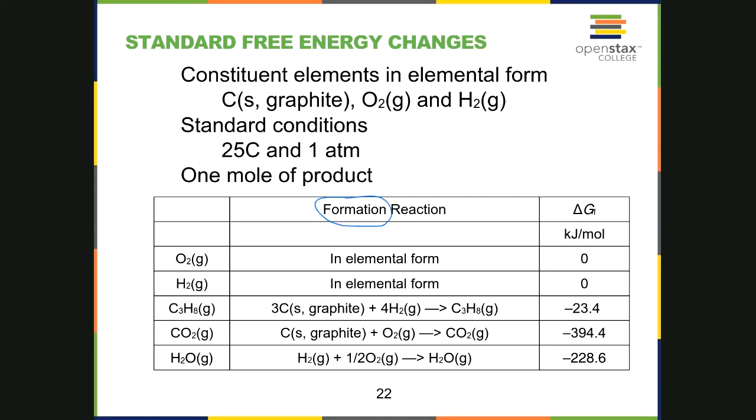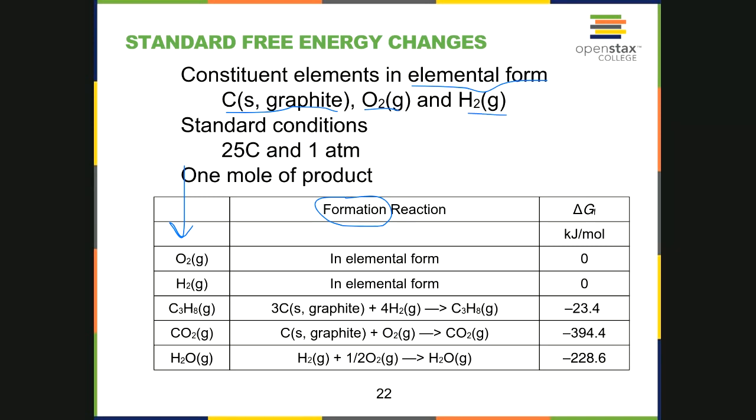And this list right here are the things that you're forming. And you're forming them from elements in their elemental form. So that's the way these elements would show up by themselves. So carbon would be graphite solid, oxygen would be O2 gas, hydrogen would be H2 gas, stuff like that.